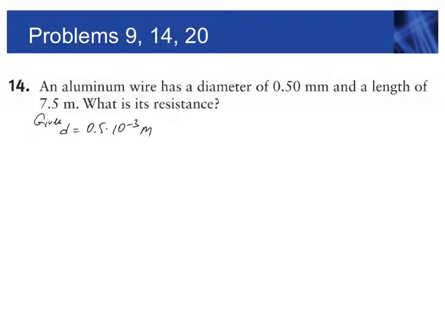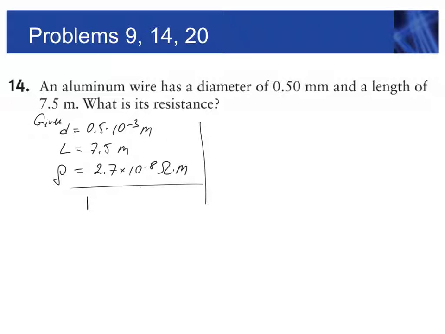We are given length 7.5 meters. We can look up resistivity in a table for aluminum. That is 2.7 times 10 to the negative 8 ohms times meters. And we're looking for resistance. Resistance question mark.